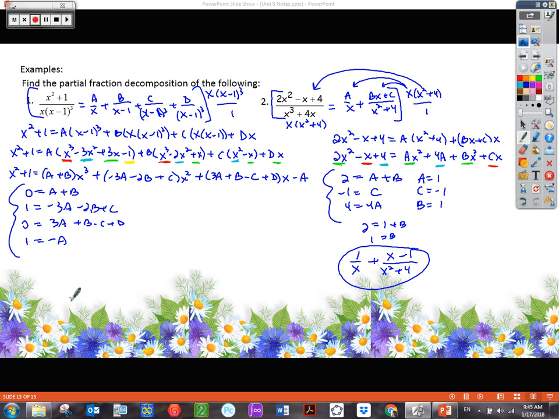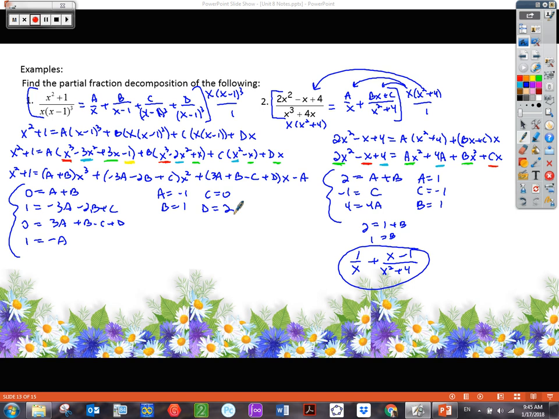Again, it's not too bad. It's just back substitution. I already know a is going to be negative 1, right? If I put that in here, can't I find b pretty quickly? All right, b is going to be 1, and then you just continue back substituting and you'll get the others. For time's sake, I'm going to go straight to the others. C happens to be 0, and D happens to be 2.